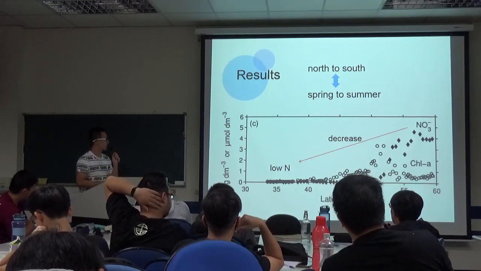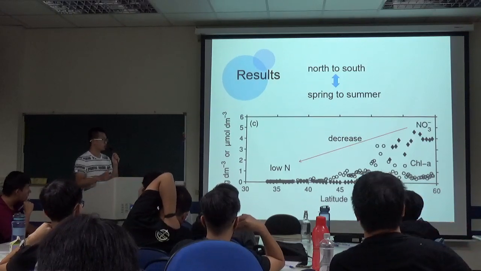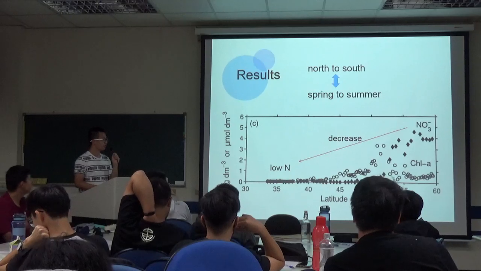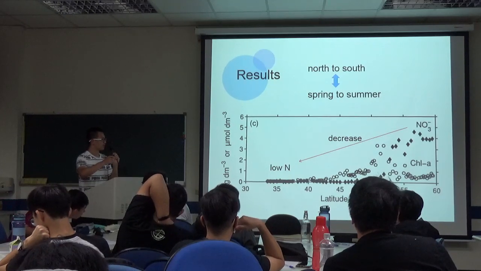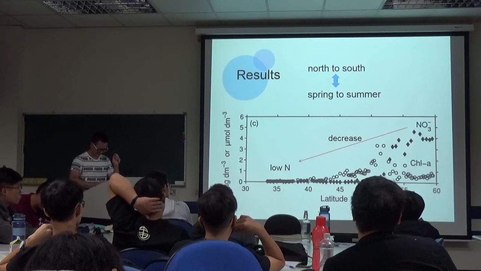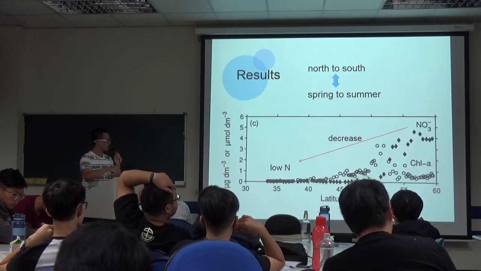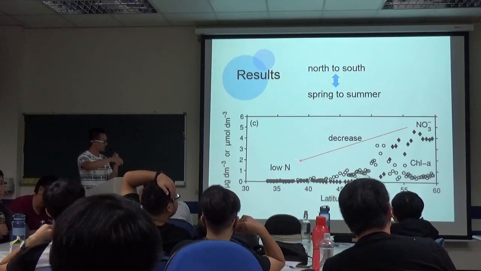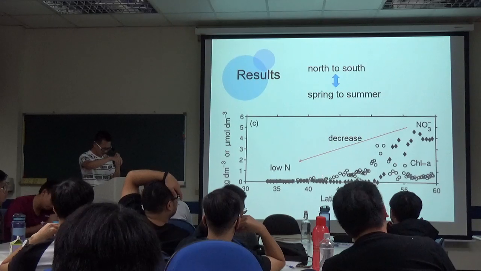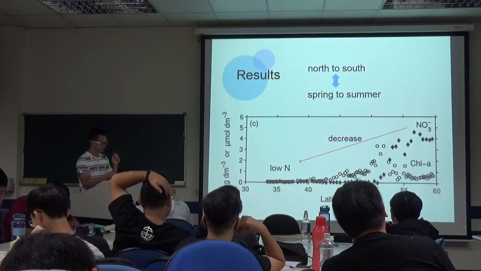In a broad sense, the north to south distribution reflects a temporal development from spring to summer. And you can see the nitrate content is reduced from spring to summer.